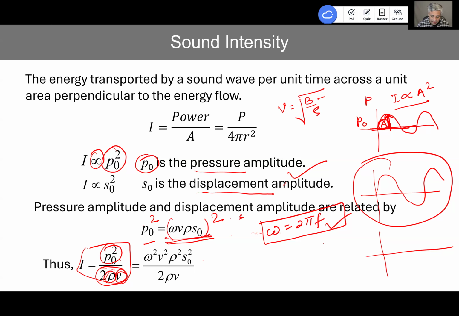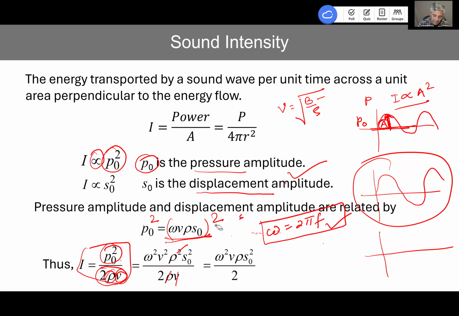When we do that, you can see there is S0 square. Looks like there is one extra density that can cancel from numerator and denominator. There is speed that can cancel. So it gives you this equation.